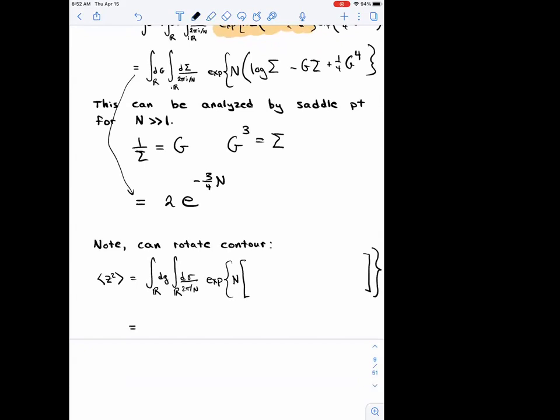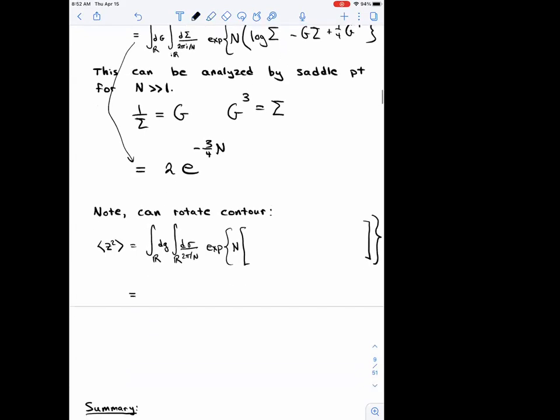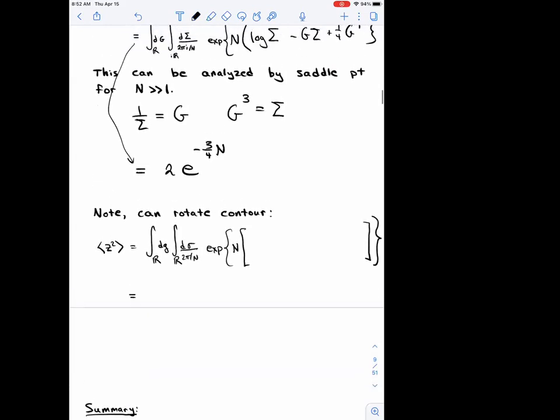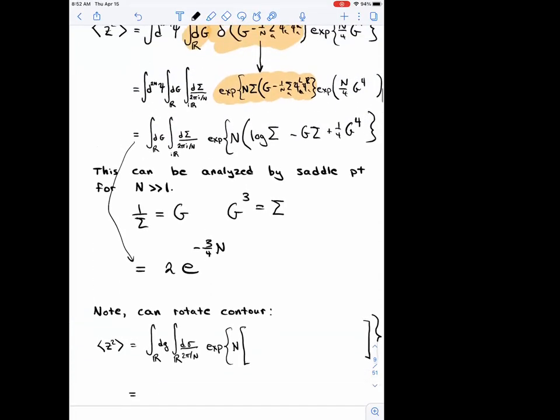Well, okay. This is kind of a technical comment, so maybe I shouldn't have included it. But if you look at this integral here, sorry, it's getting a little messy, it looks like kind of an ill-defined integral. If you try to integrate that over g, it's going to just diverge.